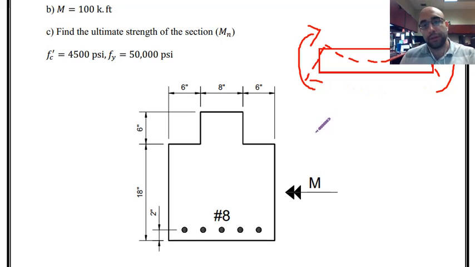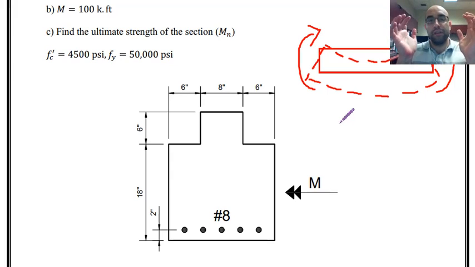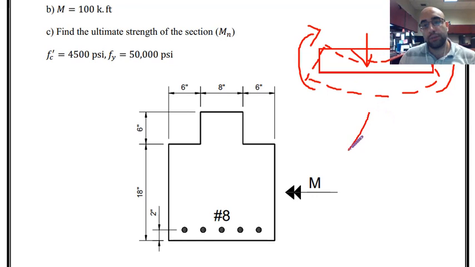I hope it is clear for you to follow, but this is the deflected shape of the beam. When we are applying positive bending, the deflected shape is like this. Top of the beam is in compression and bottom of the beam is in tension. Over here we have compression and over here we have tension.